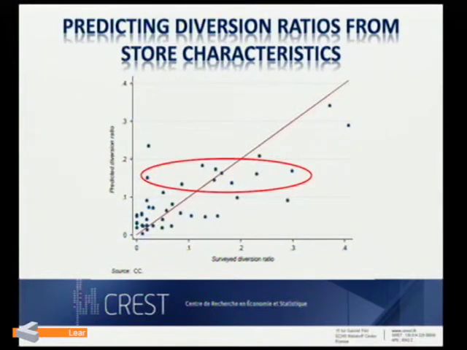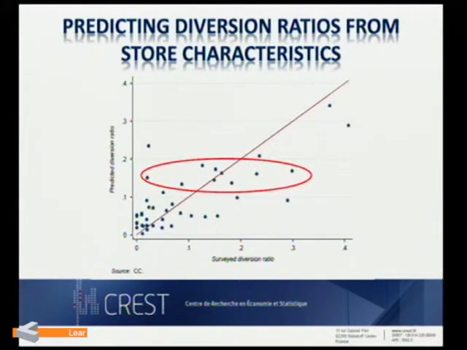Here again, I think that was the HMV Ottakar's merger, and you have the surveyed diversion ratio, again computed from consumer surveys, and the predicted diversion ratio. So you run an econometric estimation of your diversion ratio based on store characteristics, and you try to implement that.